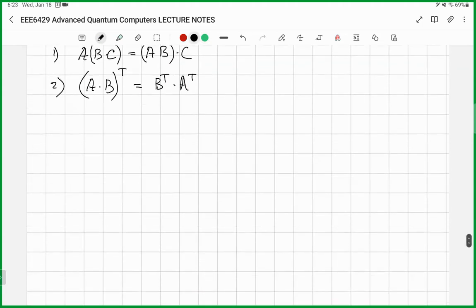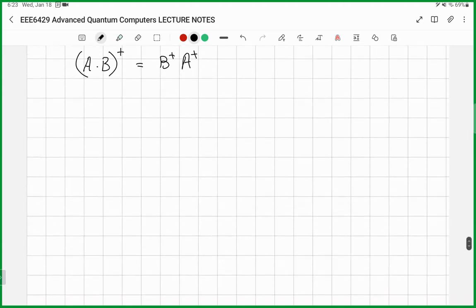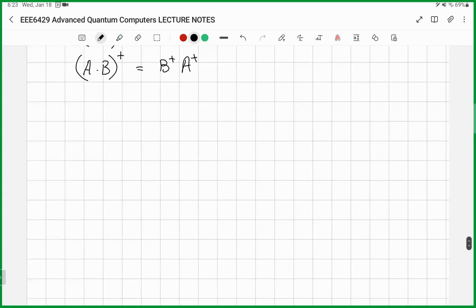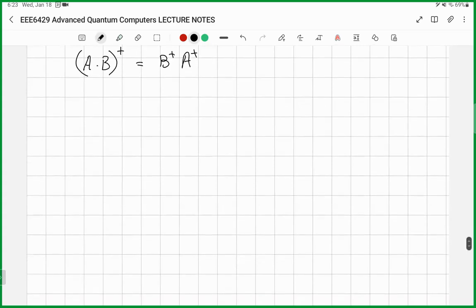And as a result of this, for example, when you take the Hermitian conjugation of A times B, again, the result will be B conjugated times A conjugated. And let's prove this fact. Let's prove this property because it's pretty important for the further analysis.